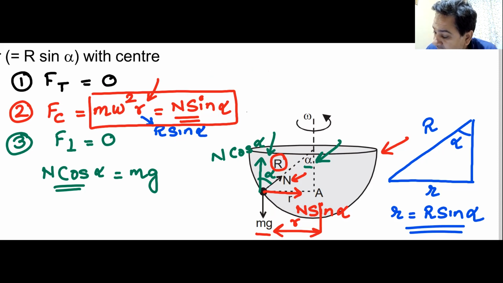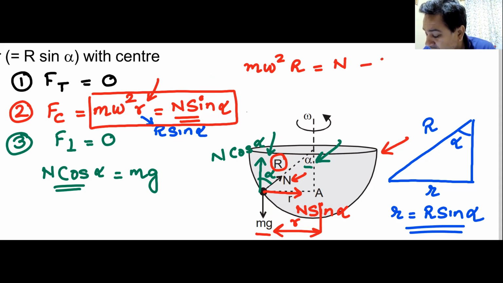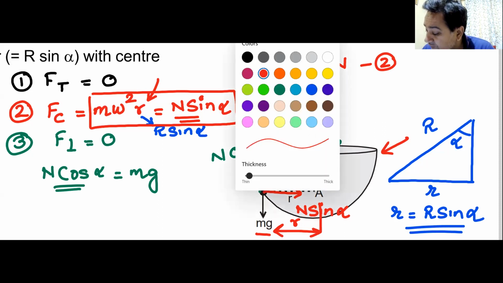I don't know why I'm writing N. Okay, it will look like m omega squared into capital R is equal to N, sir. Is equal to N sine alpha. Well done. That is my first equation. Let me call this equation number 2 because it is coming from formula number 2. Then the third equation that I've got is the green one.